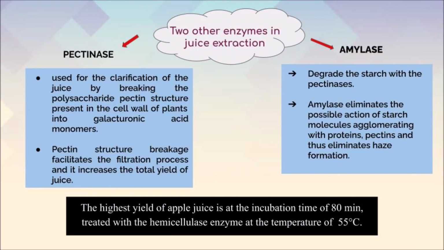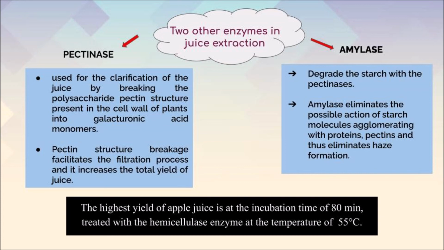In juice extraction, there are two other enzymes that can also be used, which are pectinase and amylase. Pectinase is used for the clarification of the juice by breaking the polysaccharide pectin structure present in the cell wall of plants into galacturonic acid monomers.